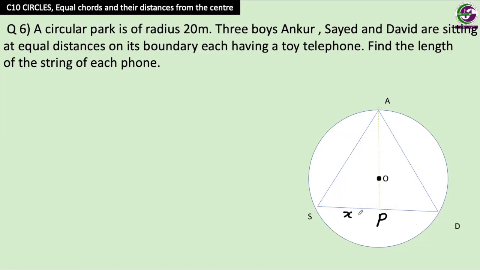So let us consider this is x and this is x and this is also perpendicular. So the total length is 2x. So we can say that AP is perpendicular to SD and AP bisects SD because it is an equilateral triangle.